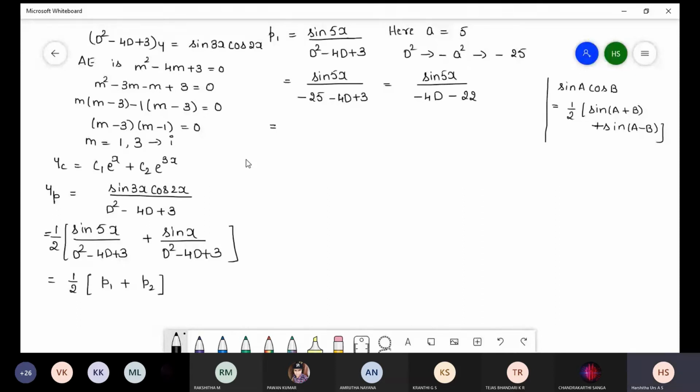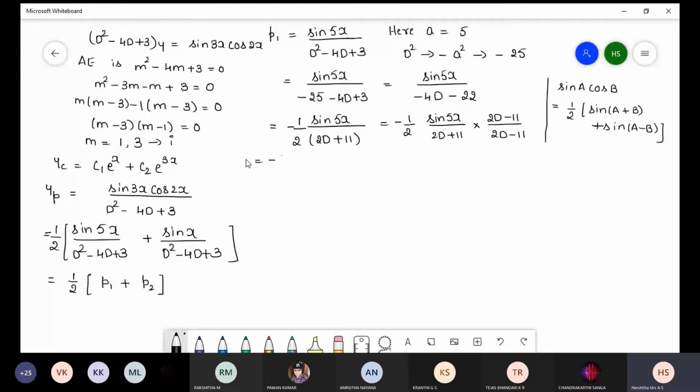Now sin 5x divided by, here I take minus as common, and 2 also I will take as common. So here we get 2D plus 11, because I have taken minus 2 as common. So 2D plus 11. Rationalization: sin 5x divided by 2D plus 11, into 2D minus 11 divided by 2D minus 11.